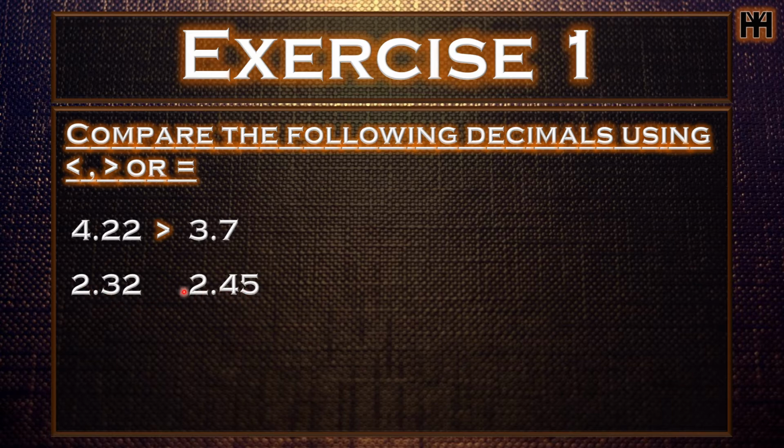Okay, we'll go to the 2. They are the same. 3, no, 4 is greater. So 2.32 is smaller than 2.45. 5.334 and 5.335. Okay, we'll look here. They're the same. Here it's 4 and here it's 5. So this decimal is smaller than this decimal.